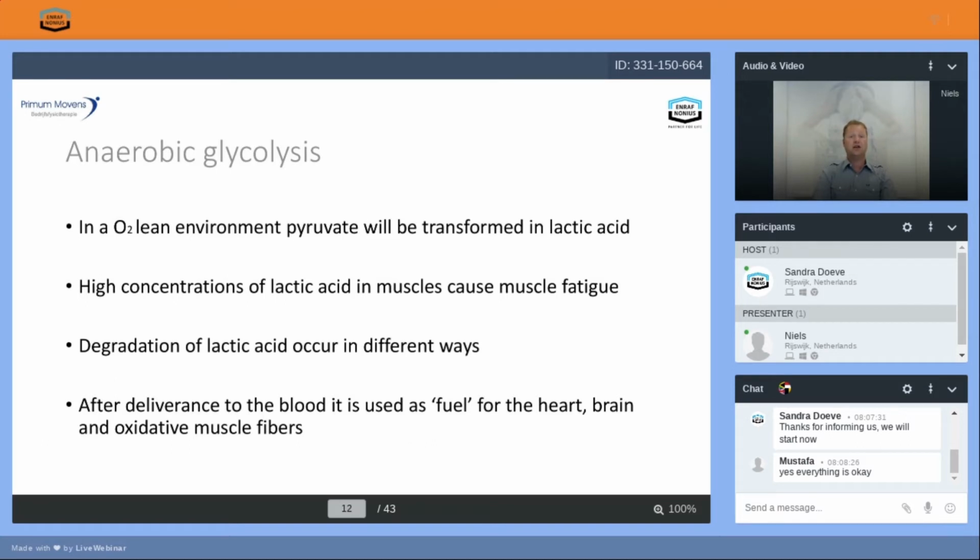And the oxidative muscle fibers, those are the core muscle fibers. The core muscles are using lactic acid as an energy source as well.